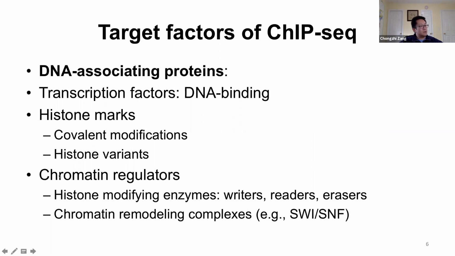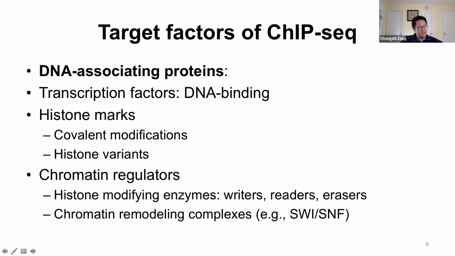And there is also a category of important proteins called chromatin regulators that may or may not directly interact with DNA. Most of them are substrates, or interact with other chromatin proteins, but not directly with DNA.